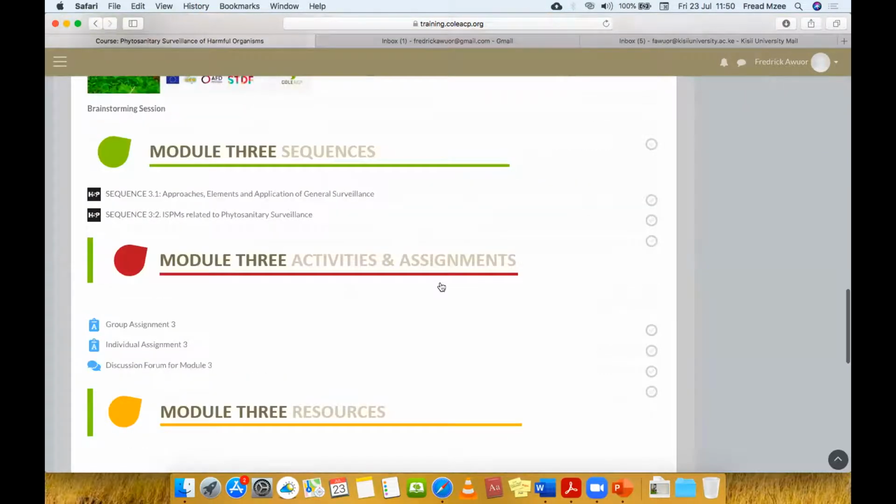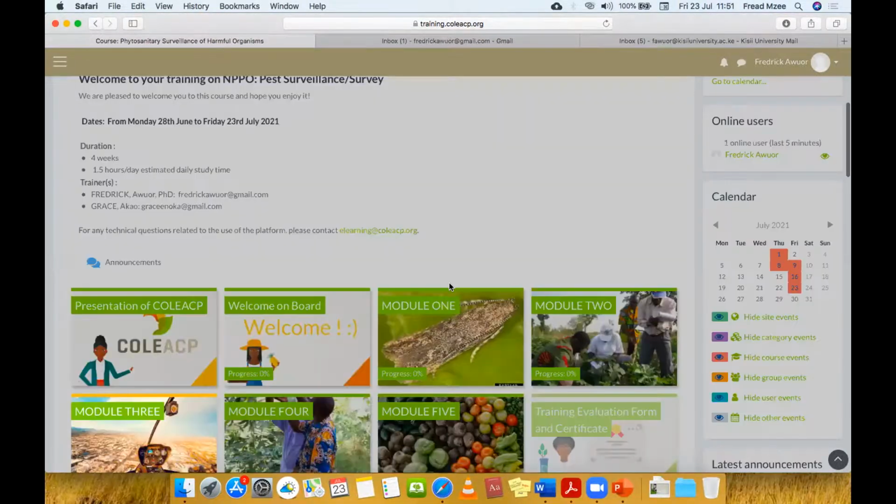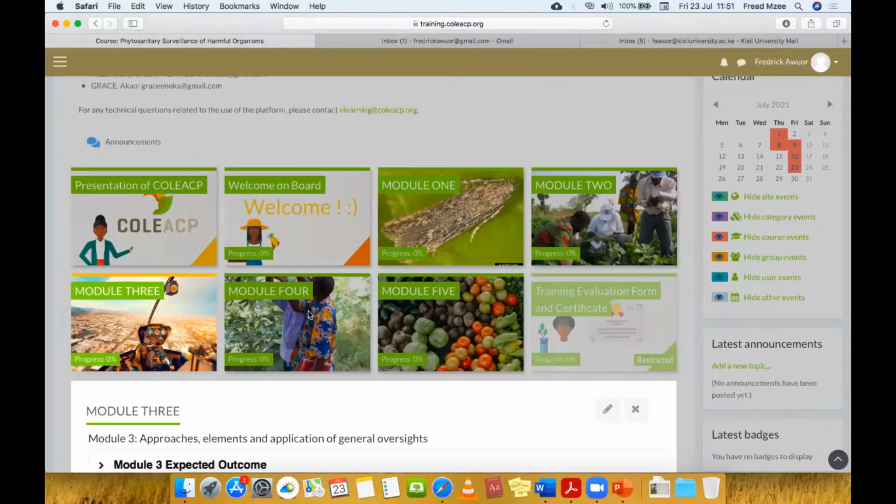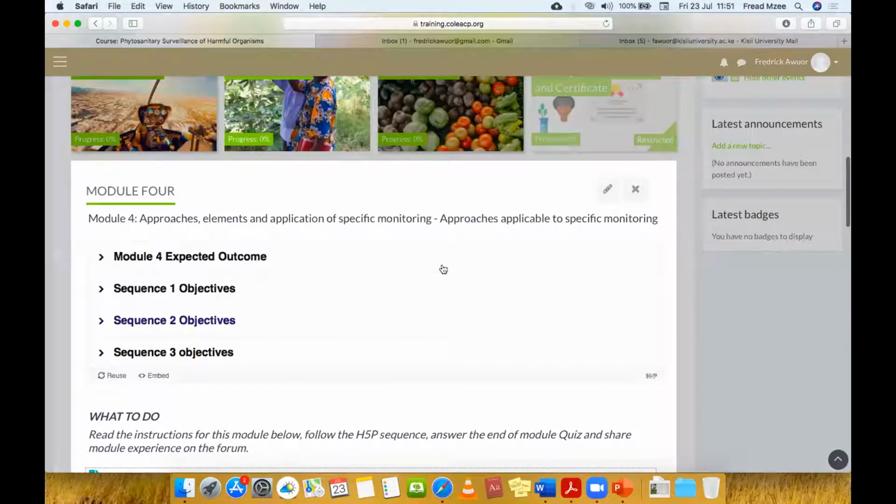Module 4, which is the current week we are in, deals with specific monitoring systems and programs. Having done the general surveillance program last week, this week we focus on specific monitoring.